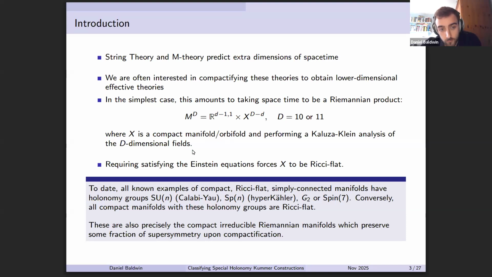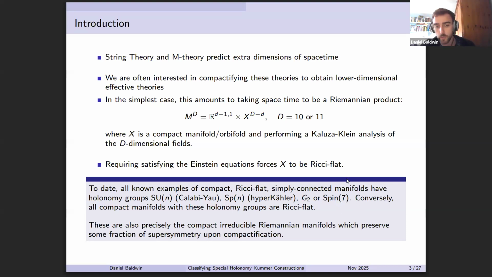And then if we require that our spacetime satisfies the vacuum Einstein equations, with a couple of other assumptions, this forces our compact space X to be Ricci-flat. At present, all known examples of compact Ricci-flat simply connected manifolds have special holonomy, and in particular, they're either Calabi-Yau, hyperKähler, G2, or spin 7 manifolds.